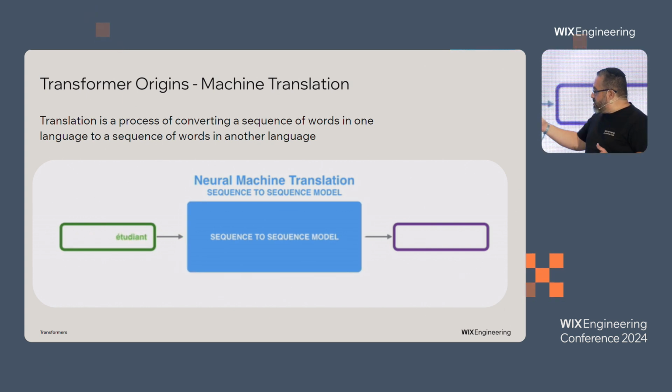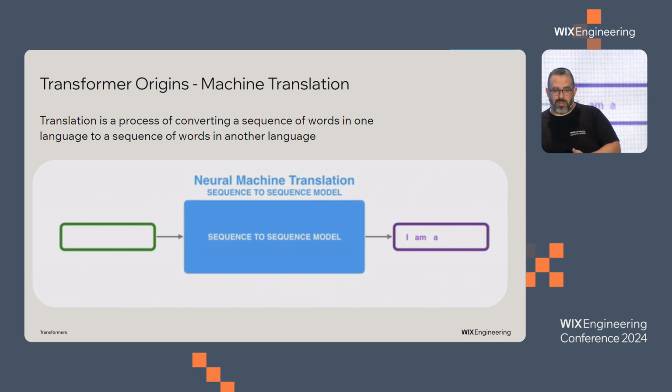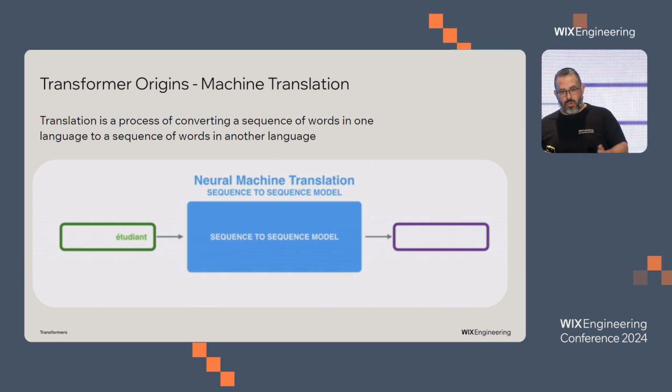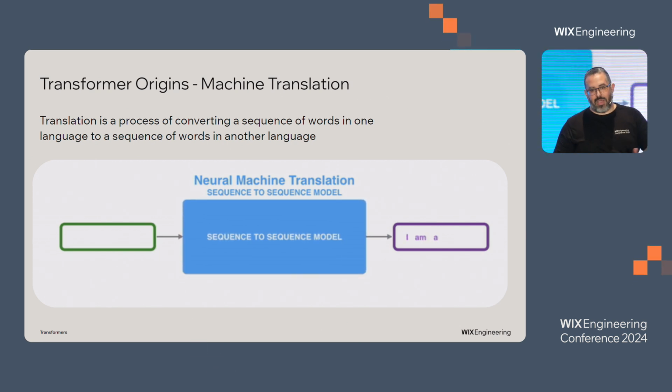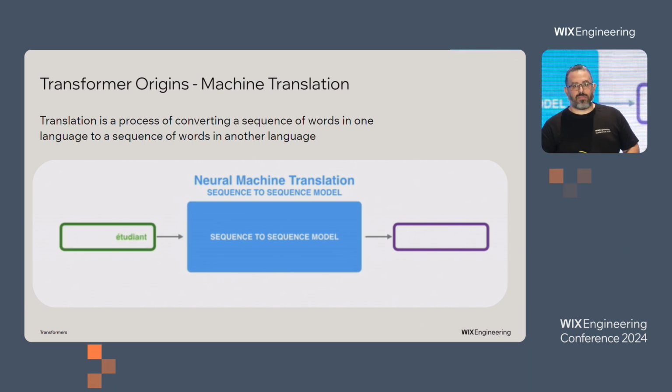And as you can see, a translator is a type of sequence-to-sequence model. In other words, the input sequence is a series of words in one language, and the output is a sequence of words in a different language. And this was the original application of the transformer.